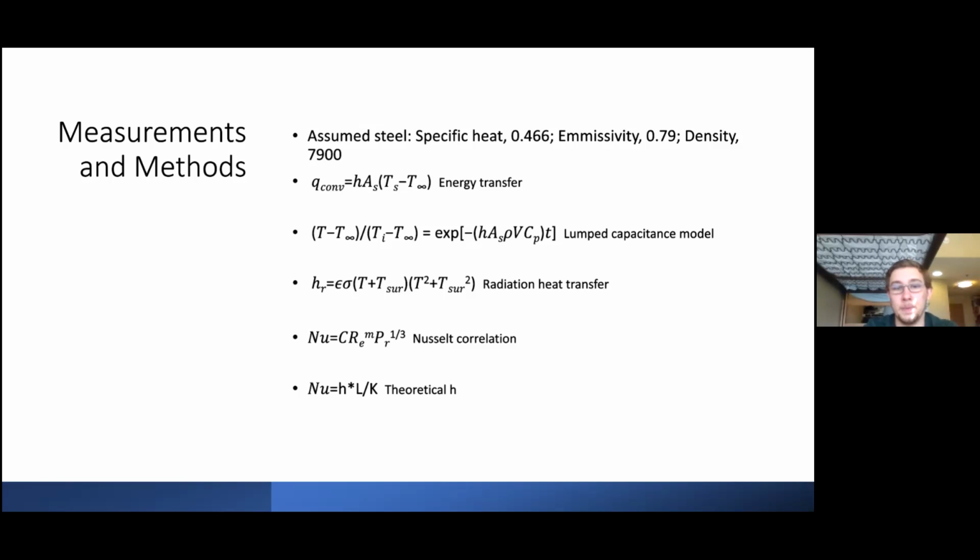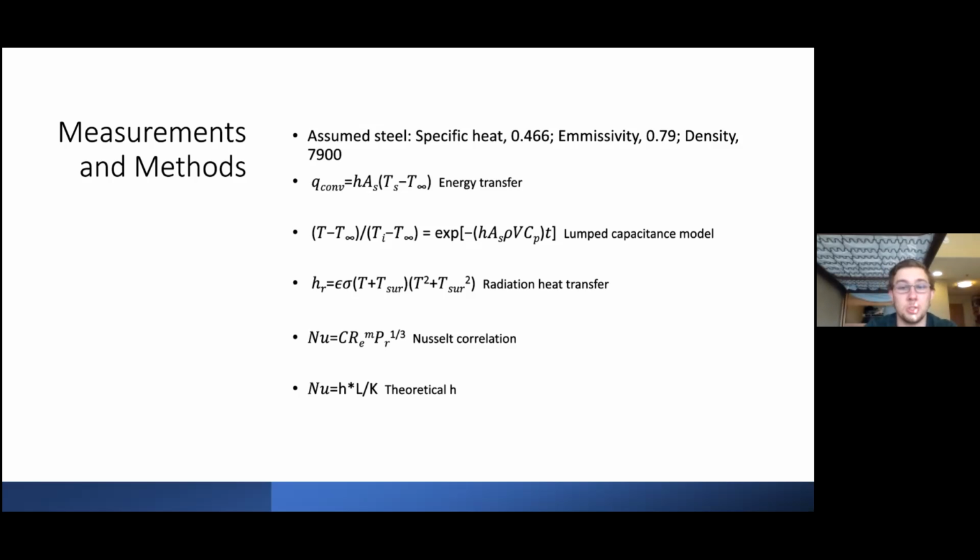times time. The group found radiation heat transfer by h_r equals emissivity times the Stefan-Boltzmann constant times (T plus T sur) times (T squared plus T sur squared). This was for radiation heat transfer.